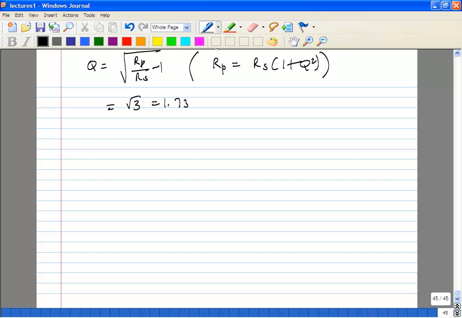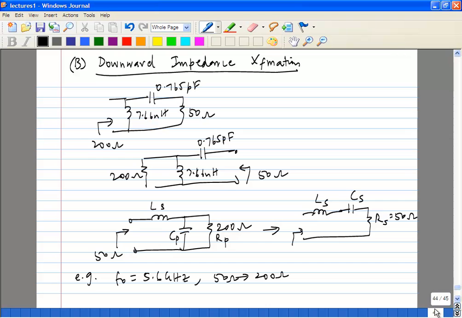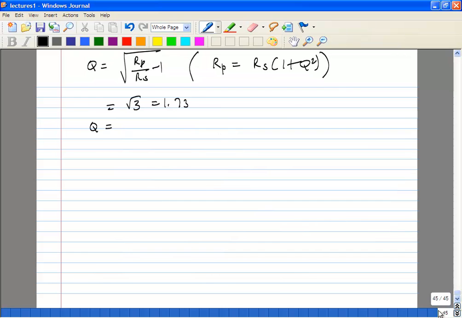So then the next step, let's go back. You also know Q in terms of CSRS and CPRP, right? So let's take CSRS first, because we'll find CS, we'll find LS, and then we'll go back to CP. What is the expression for Q in terms of R, omega, and C for a series RLC network? It is 1 over omega CR, right?